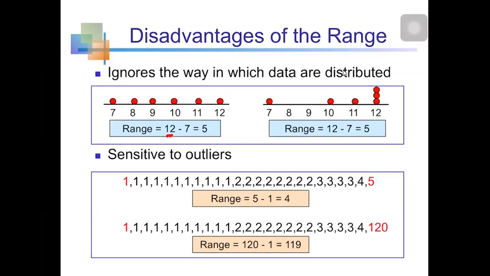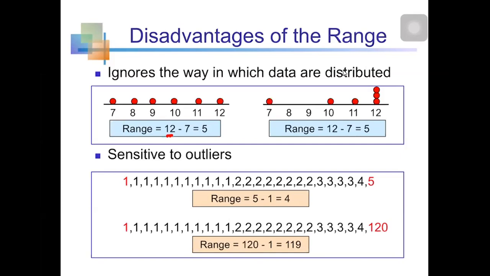Example here, 1, 1, 1, 1 until 2, 3, 5. So 5 is the largest value and 1 is the smallest value. So 5 minus 1 is 4. Now we change 5 to 120. So 120 is an outlier, an extreme value.